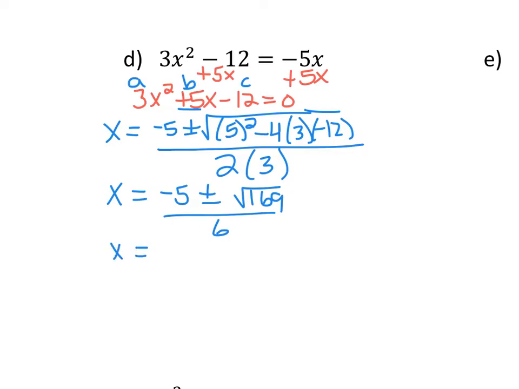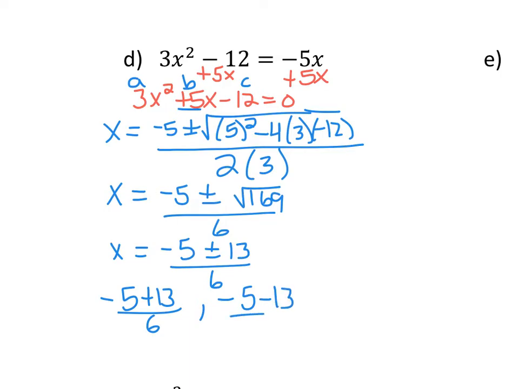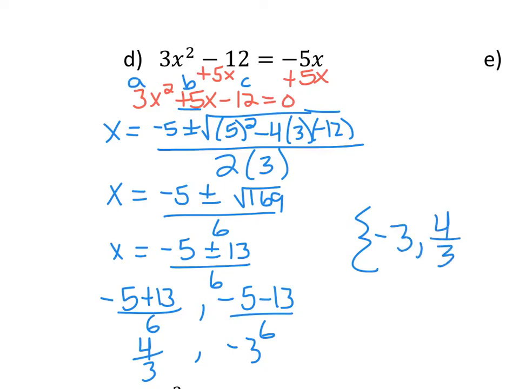The square root of 169 is a perfect square, which is 13. Negative 5 plus or minus 13 all over 6. So again, this is negative 5 plus 13 over 6 and negative 5 minus 13 over 6. So we get 4/3 here and negative 3 here, which means my roots are negative 3 and 4/3.